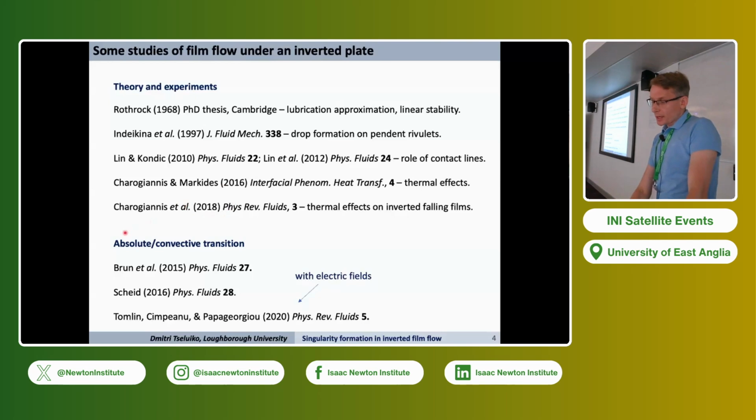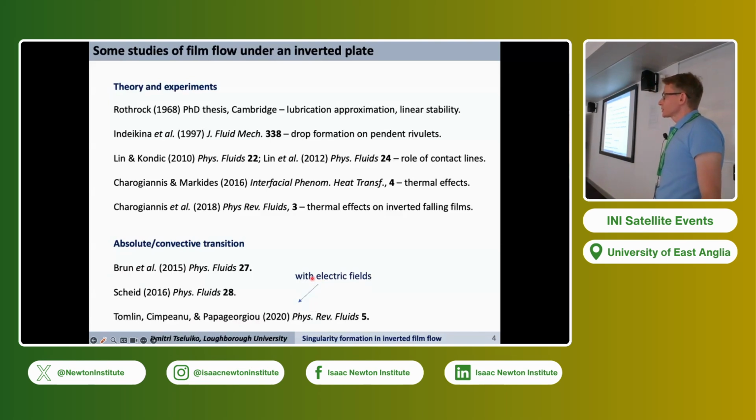And there have been several works which analyzed the absolute and convective nature of the instability, and these suggested that transition from the convective instability to absolute instability may be related to the onset of dripping. These works include the one by Brun et al., Scheid, and Tomlin, Kimpeanu, and Papageorgiou, where the latter one also analyzed the effect of an electric field acting in the direction of the flow.